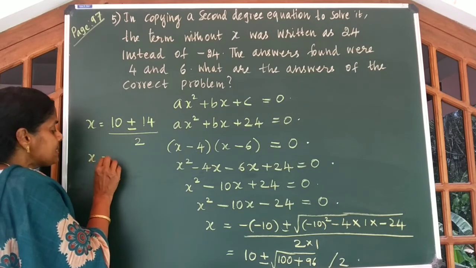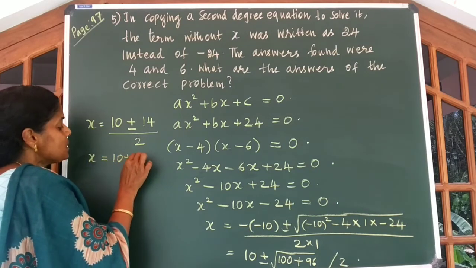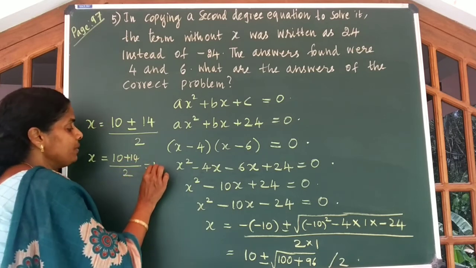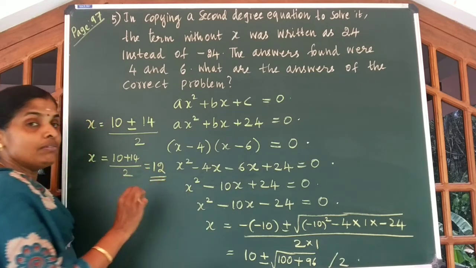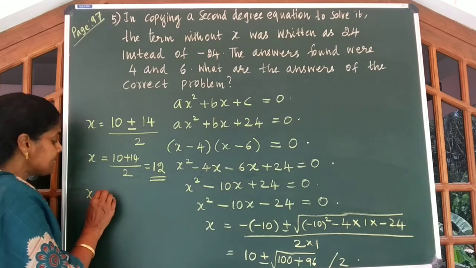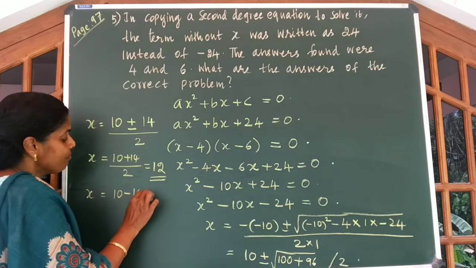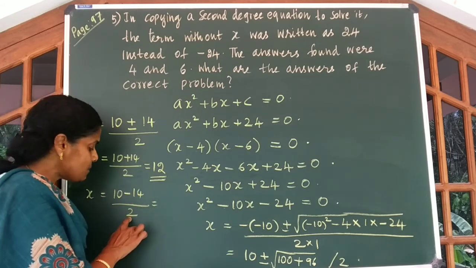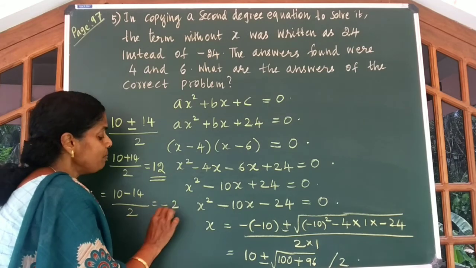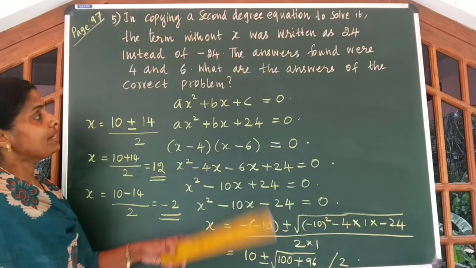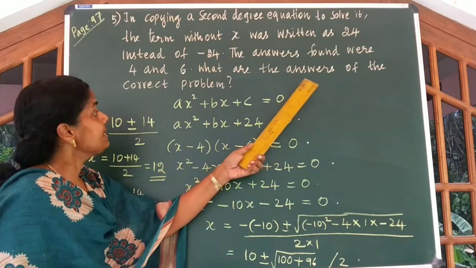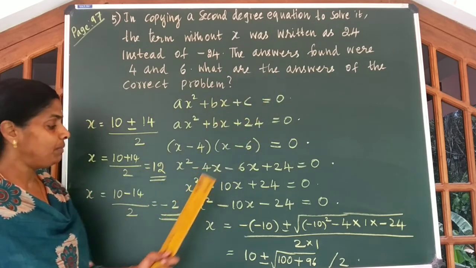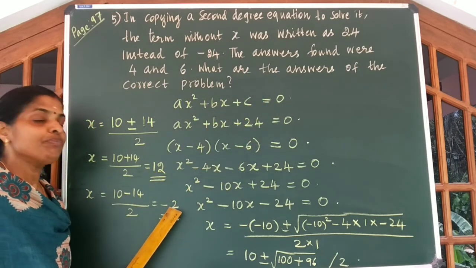Either x is equal to 10 plus 14 by 2, that is 24 by 2 equal to 12, or otherwise x is equal to 10 minus 14 by 2, which gives you minus 4 by 2, which is equal to minus 2. So our question is, what are the answers of the correct problem? The answers of the correct problem are 12 and minus 2.